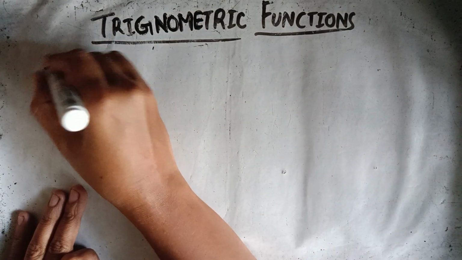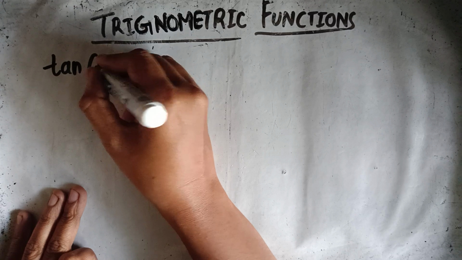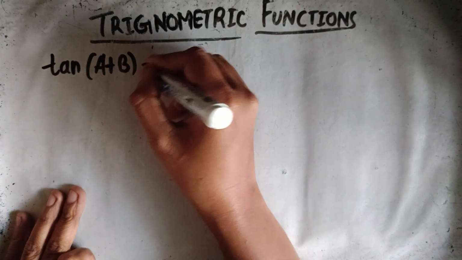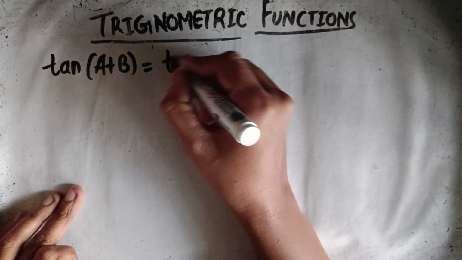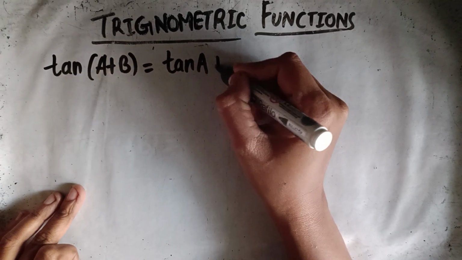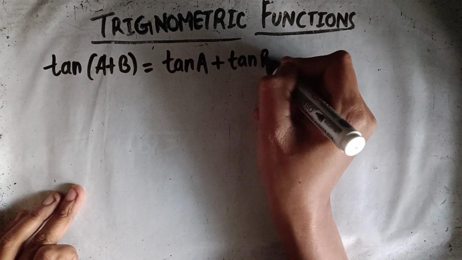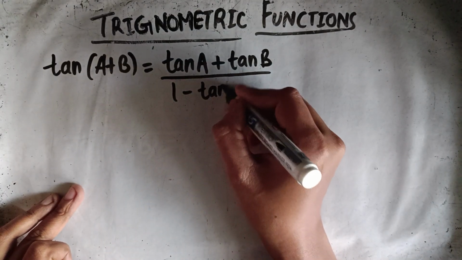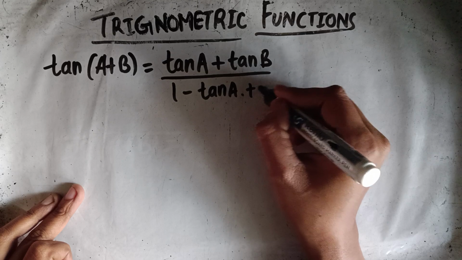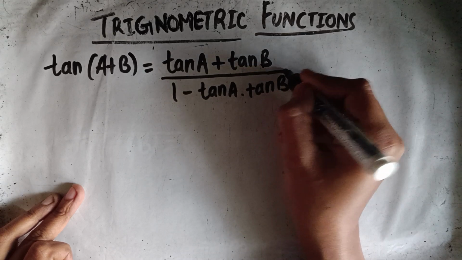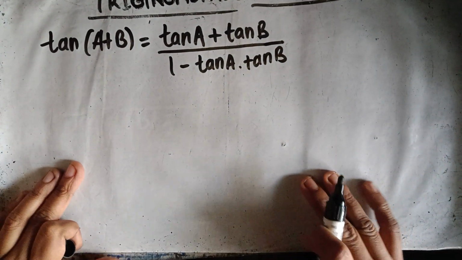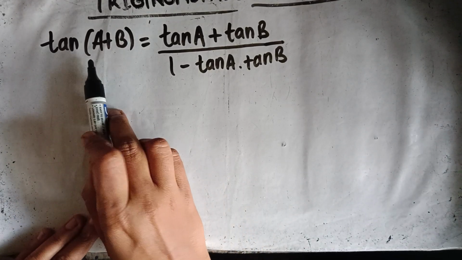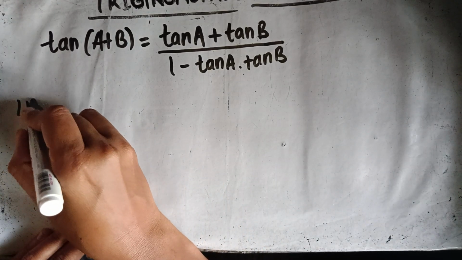So tan(A+B) is given by (tan A + tan B) upon (1 − tan A tan B). Okay, so we have to start with this LHS.